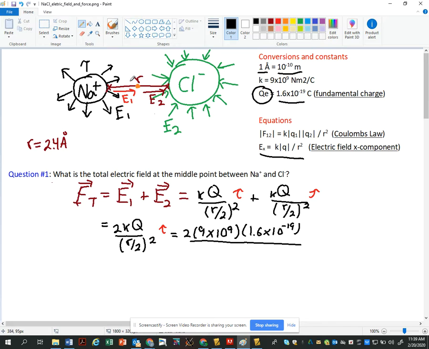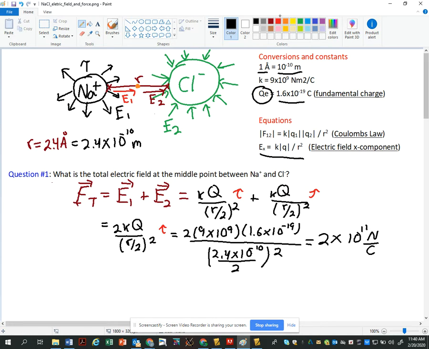So in this case, they are 2.4 angstroms away, so it will be 2.4 times 10 to the negative 10 meters. So that's what I'm going to substitute here, 2.4 times 10 to the negative 10 over 2, and all that squared, because according to the equation, that will give me the total electric field, which is 2 times 10 to the 11 newtons per coulomb.